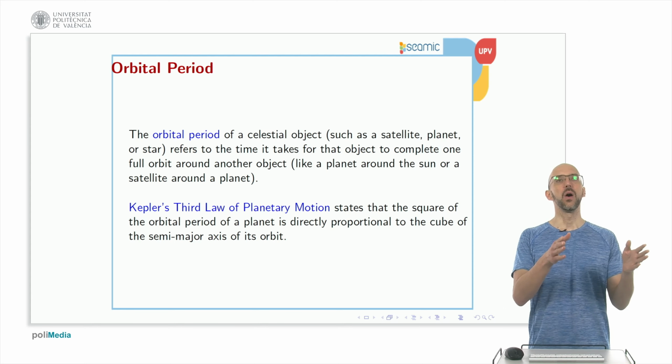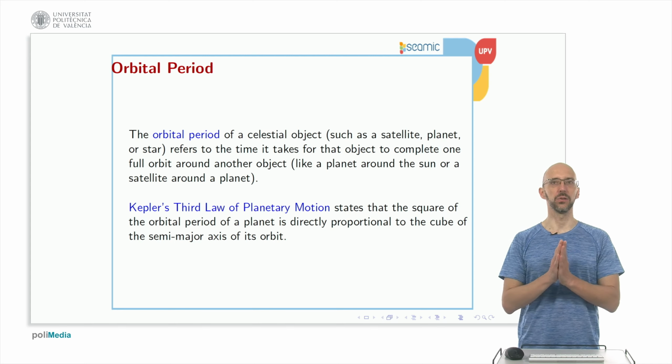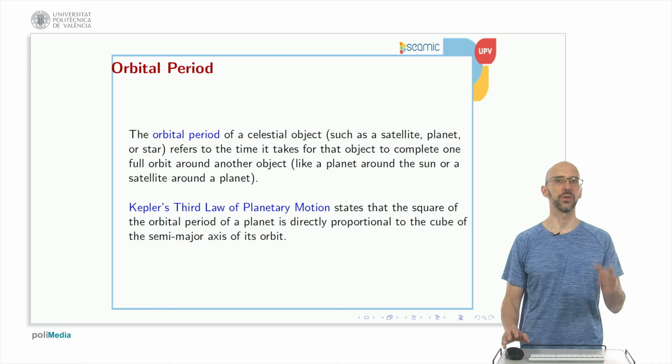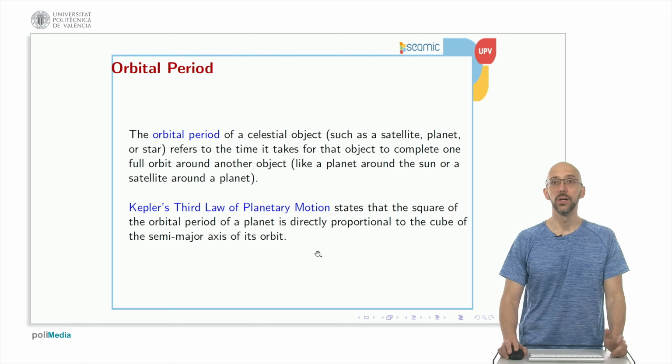And we will work with this function. My point here is not to prove or demonstrate this law, but to use this law as an example of a function. I think it's a very interesting function.